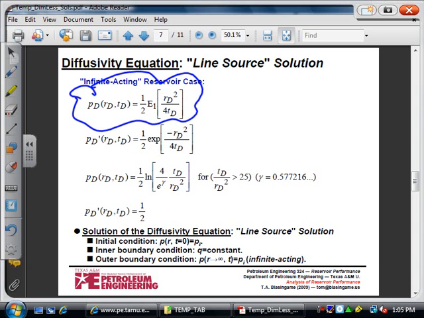But how do we obtain this solution? We go back to the diffusivity equation and use the Boltzmann transform, and then it becomes an ordinary differential equation. Then you can solve the ordinary differential equation easily, plug back these values and obtain this form. And we also made another assumption. This is called the line source solution.